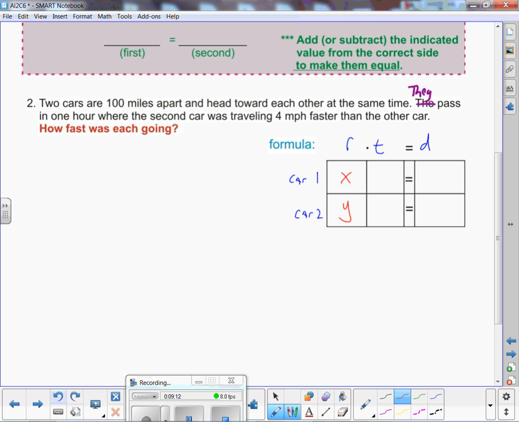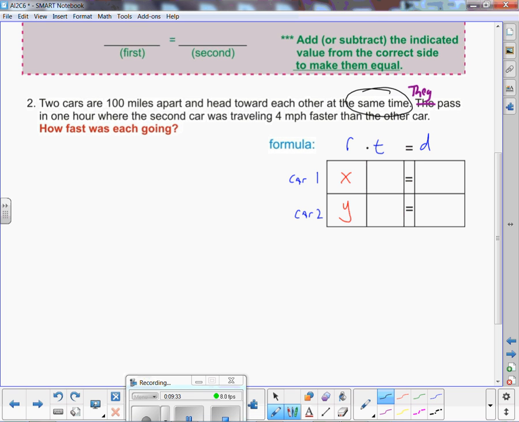This is pretty easy. We're going to look back into the problem and try to find time or distance to fill in the chart. So we've got 4 blanks to go. See if you can find any indication of time or distance. So you read through and you come to the part where it says the same time.